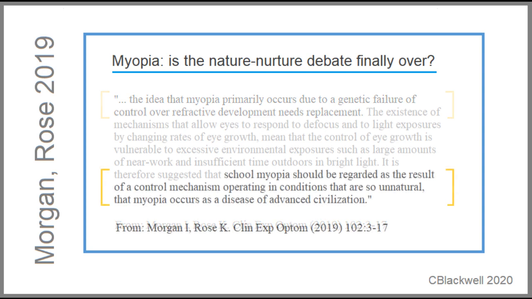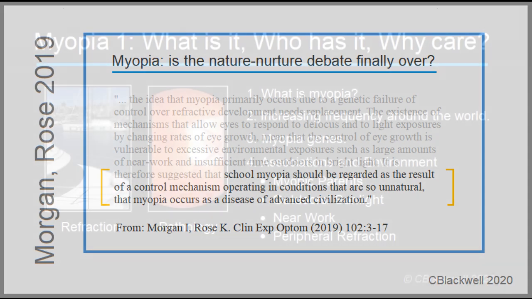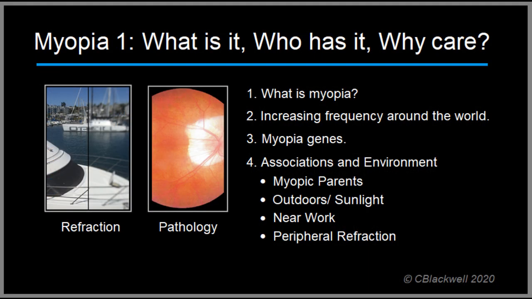In sum, quote, school myopia should be regarded as the result of a control mechanism operating in conditions that are so unnatural that myopia occurs as a disease of advanced civilization. On that thought, we conclude the main section of video number 1.